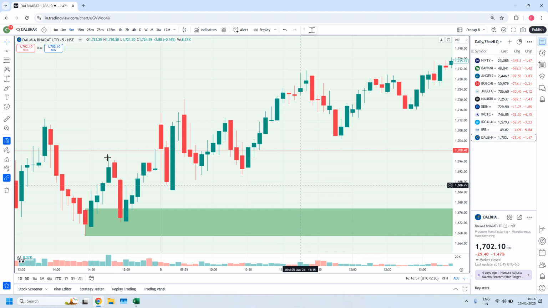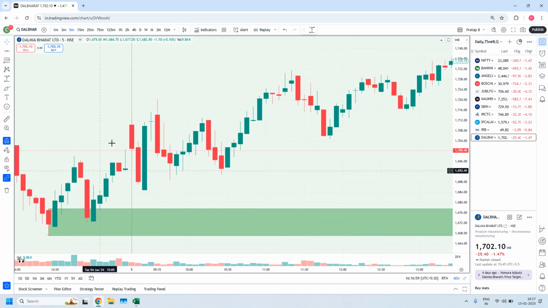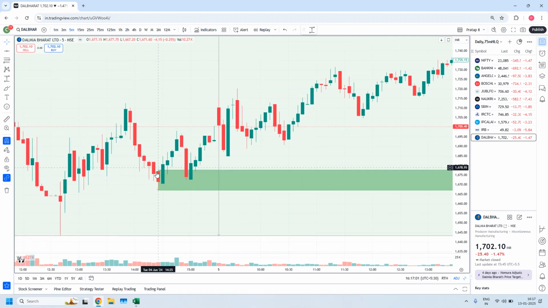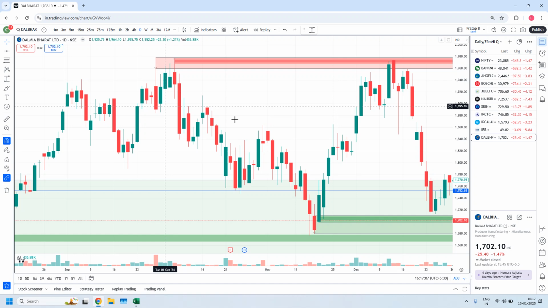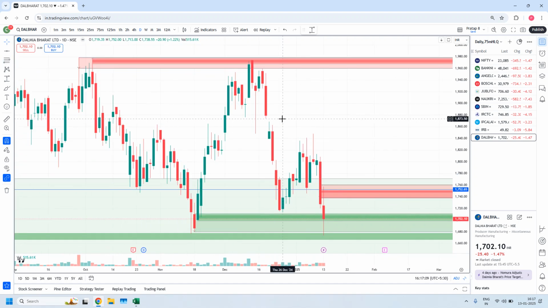Please remember, I don't exactly remember the day we discussed it. Most probably if I look into the daily zone, I can tell you. Probably on the 23rd December analysis video we might have discussed this. That is one possibility.